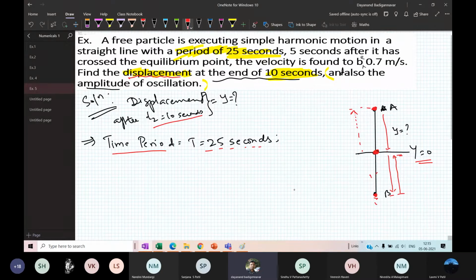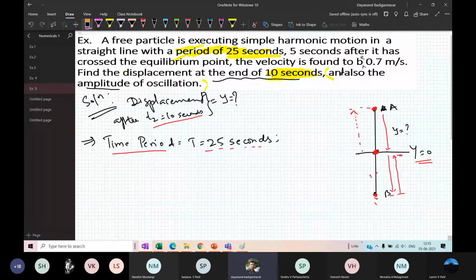Then what is the other information given? The velocity is given. Look at the velocity term.